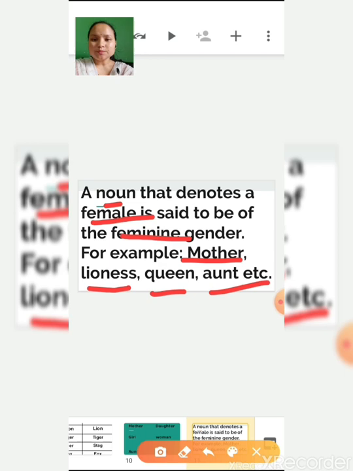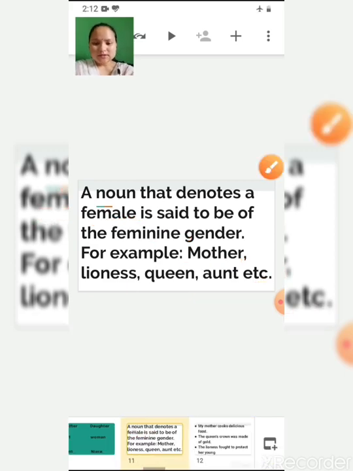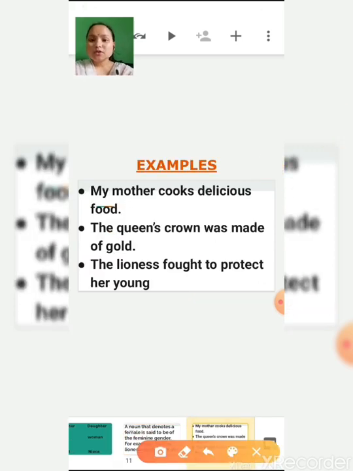So I have told you earlier also that not only human beings, even animals are classified into genders. Okay, so let's see some examples. My mother cooks delicious food. Now here, which word is denoting feminine gender? Mother. Second one, the queen's crown was made of gold.